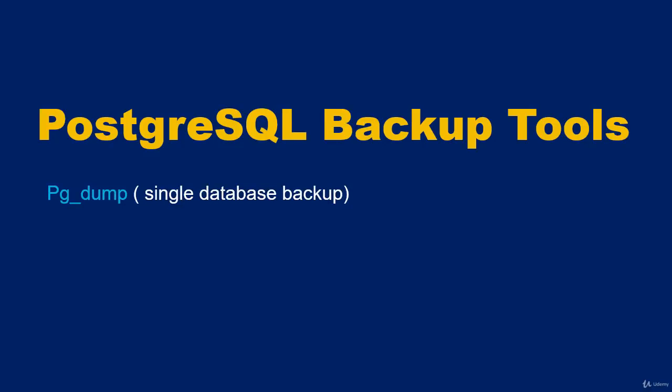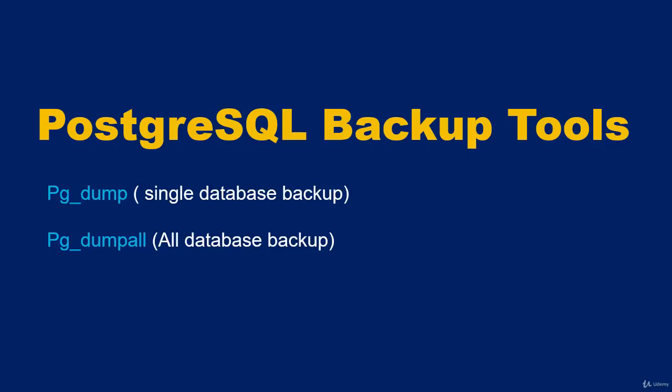PostgreSQL provides several tools that you can use to perform backups. So the first one is called PG_dump. This is used if you want to perform a backup from the command line or the terminal, and the PG_dump tool basically is used to back up a single database.